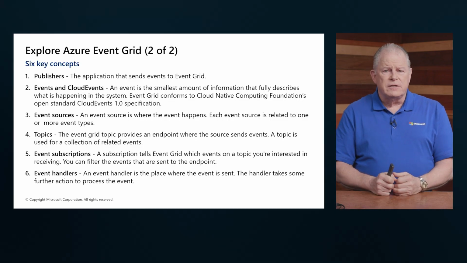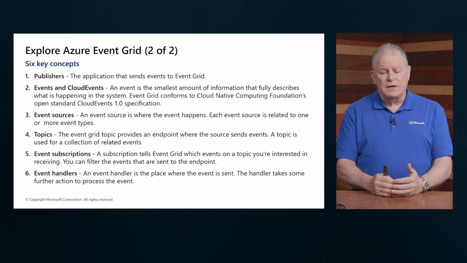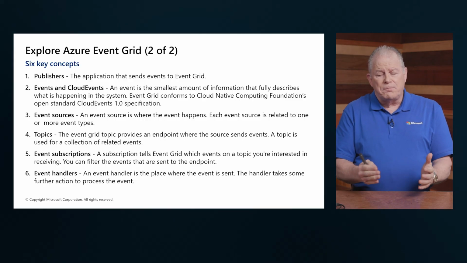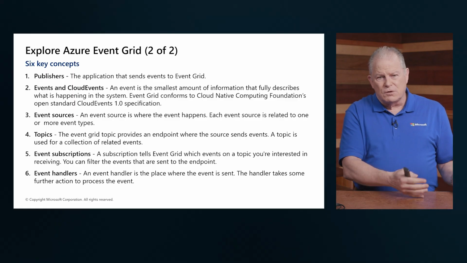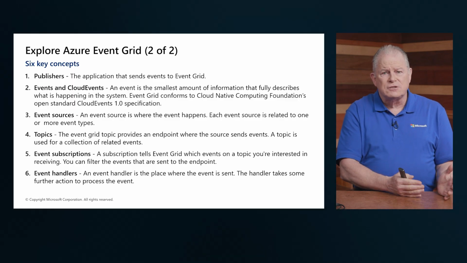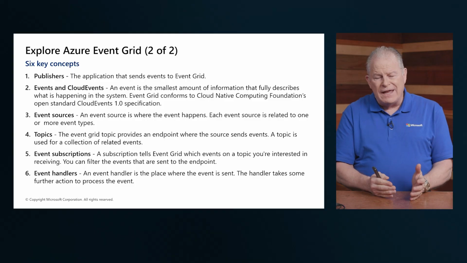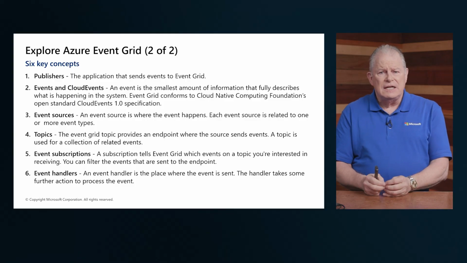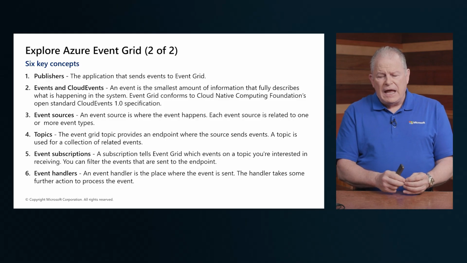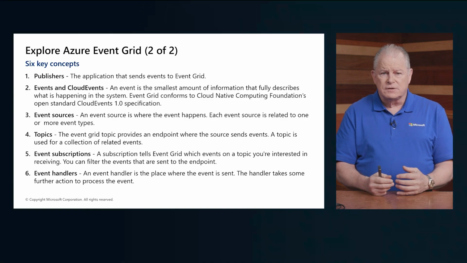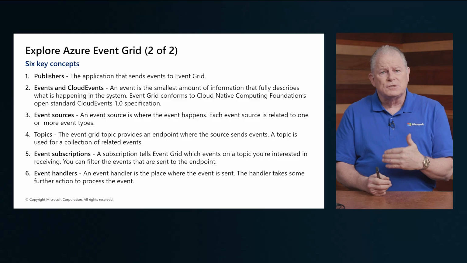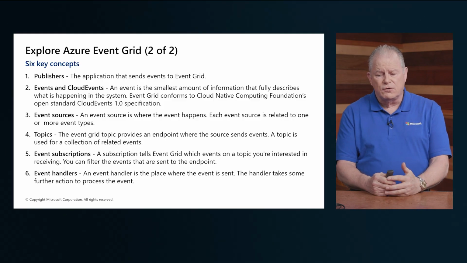And this is going to get into the textbook description of all these. The key concepts are the publisher. These become the applications or the activities, the resources inside of, by default, Azure, that can then put the events that they have been defined into the event grid itself. The events and the cloud events, as I said, become this wide variety of features that are already predefined from all the Azure services, but you could also potentially publish your own values into the event grid.